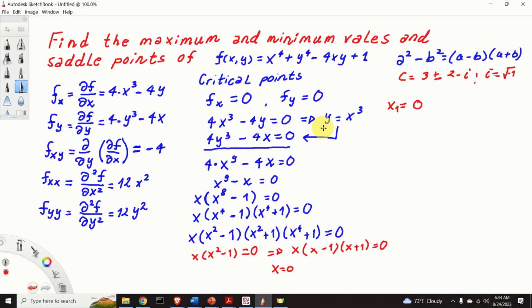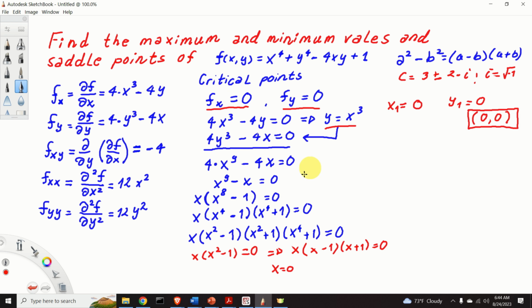Then, by using this equation, we can obtain that y1 is also equal to 0. And this is our first critical point. I will write it over here, 0, 0. Again, the critical point is the point for which these partial derivatives vanish.